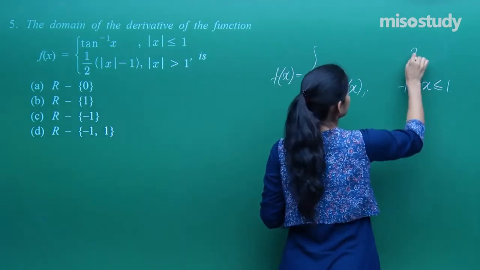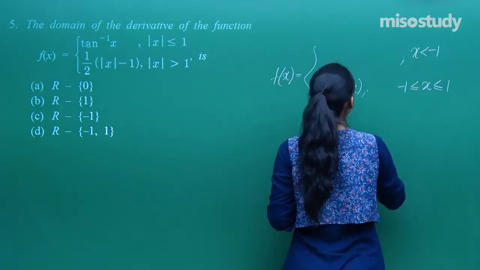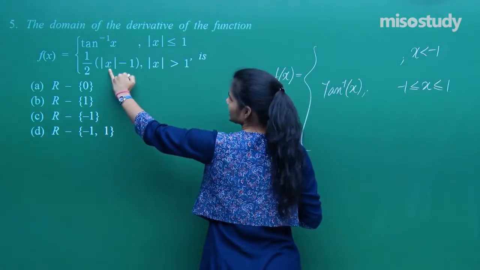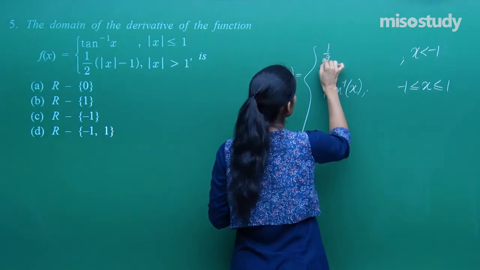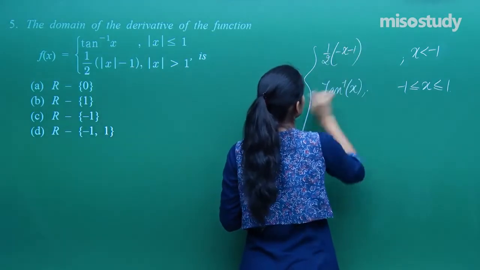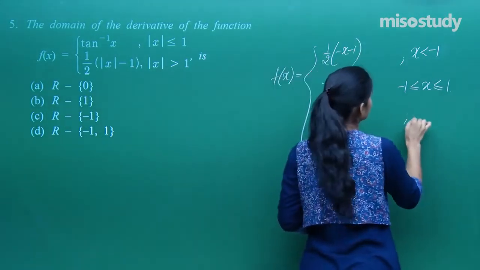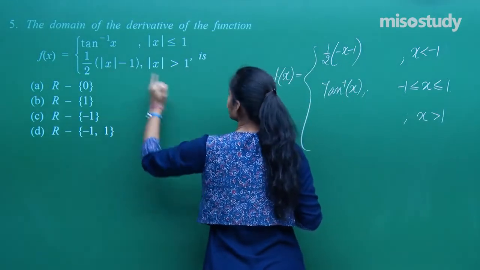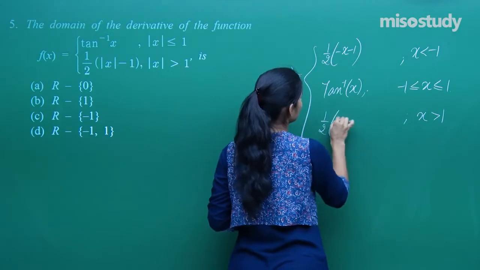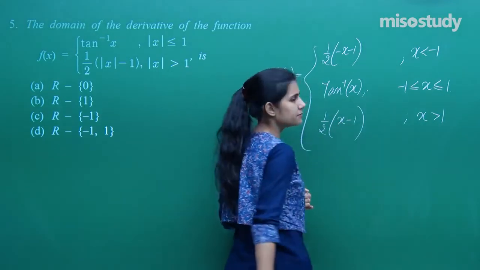When x is strictly less than minus 1, then x is negative, so mod x will be minus x. So this definition will be 1 by 2 minus x minus 1. Similarly, when x is greater than 1, that means x is positive, mod x is x, so you get 1 by 2 x minus 1.